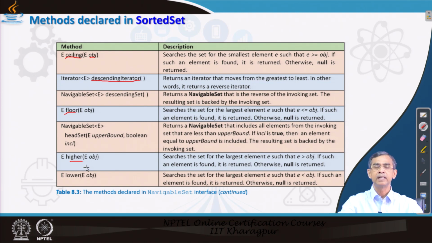It basically returns an element which is larger than the current element passed as an input. Lower is also similar to floor. It basically returns the largest element which is less than the object passed as an argument. So, this way, from the collection stored as a sorted set, we can access the different elements.